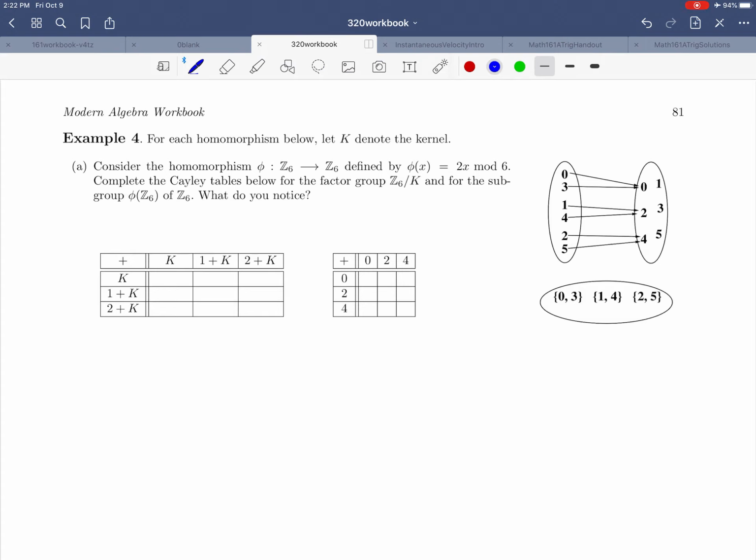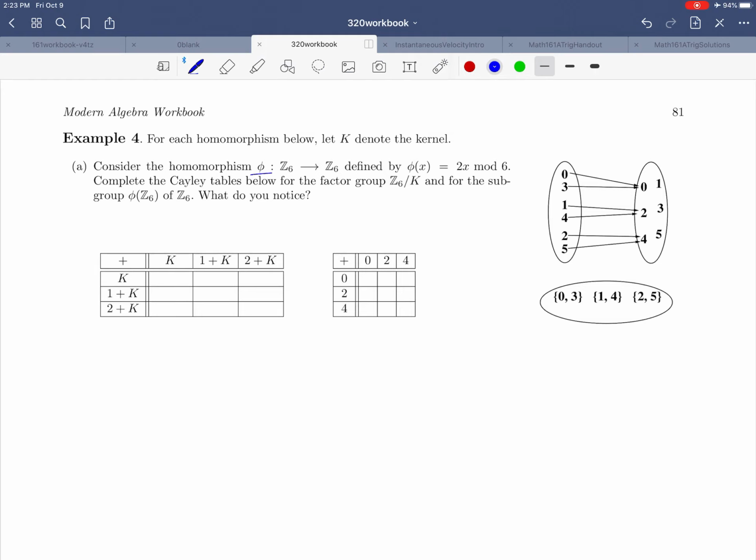So we already saw that there was something going on with the cosets of the kernel and the images, like every element in the same coset was mapped to the same image, and so we suspect that there's something going on right there. So let's look at the two examples in more detail.